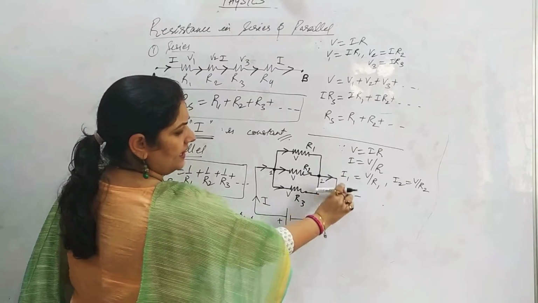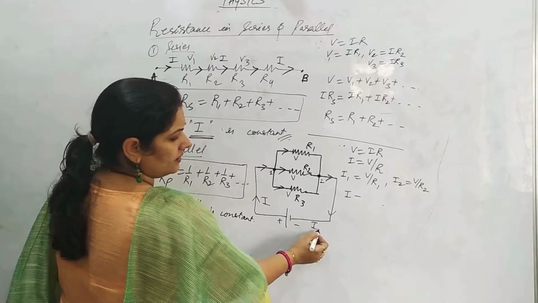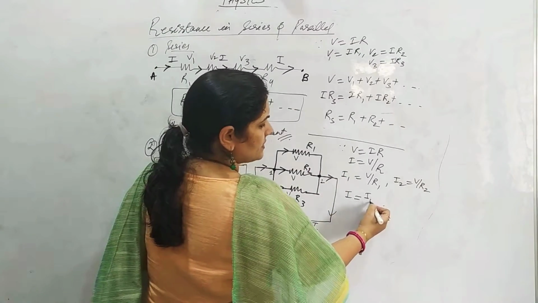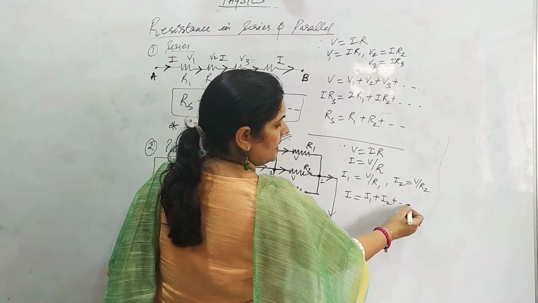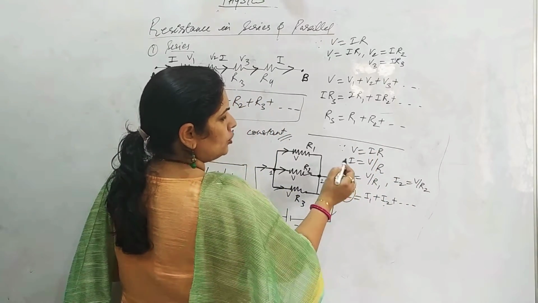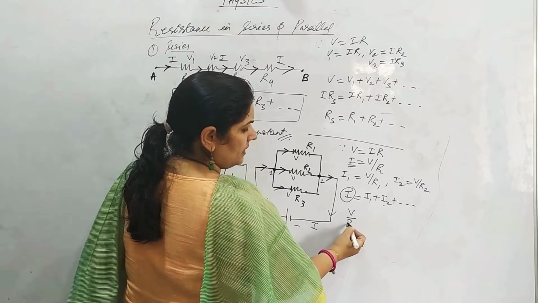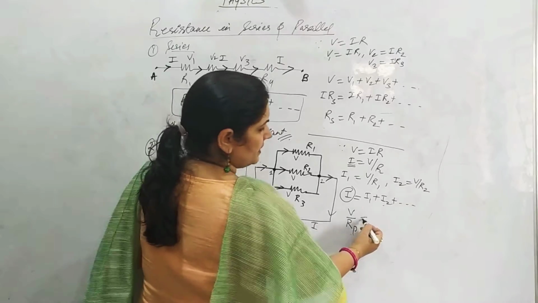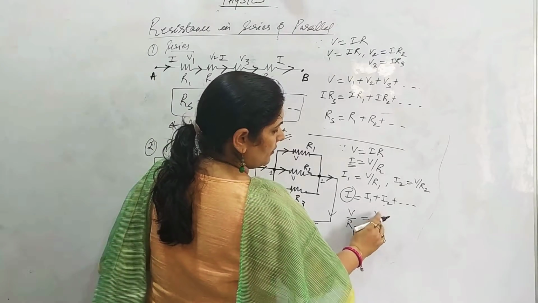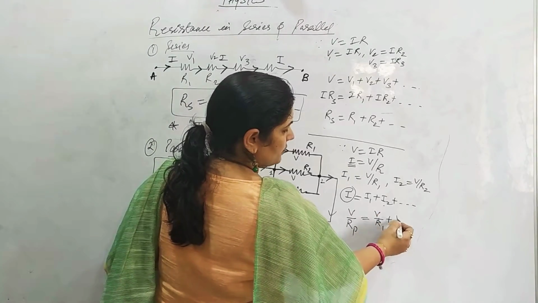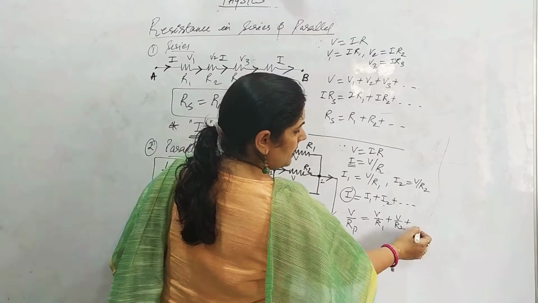Again I1, I2, I3 get added and the same current came back. So I can be written as I1 plus I2 plus I3 and so on. What is total current? Total current is V upon R. So total current is V upon equivalent resistance in parallel, equal to V upon R1 plus V upon R2 plus V upon R3.